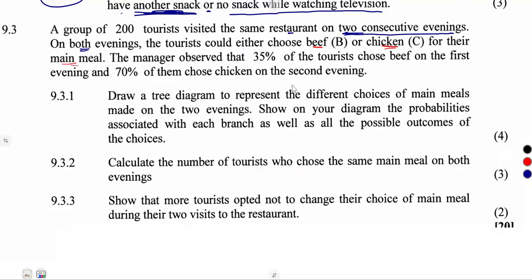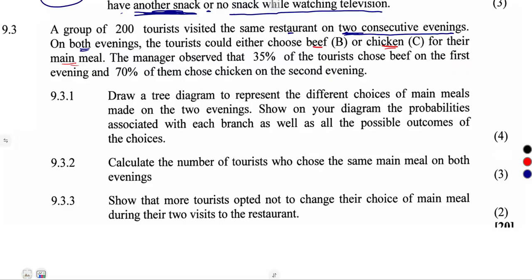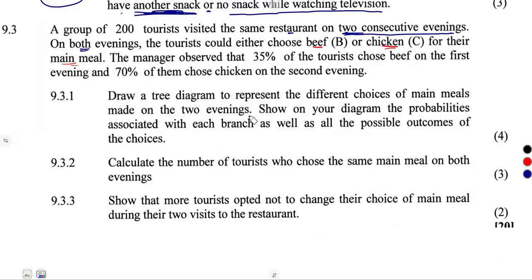So we have got 2 things to be considered. Then with this information, draw the Venn diagram, this and that. From that information alone, remember, I wanted something for the tree diagram. Anyways, let's see. There are 2 of them, beef and chicken. That's B and C. So those are the branches that you're going to consider.